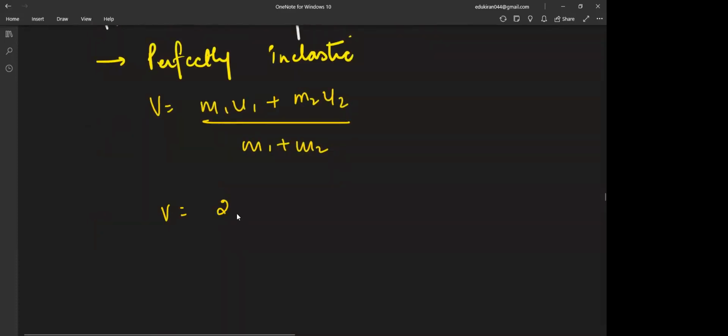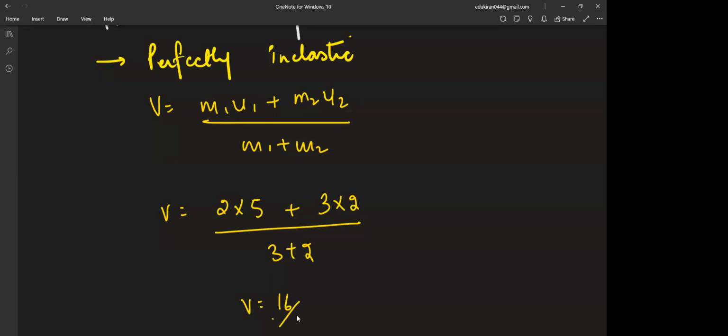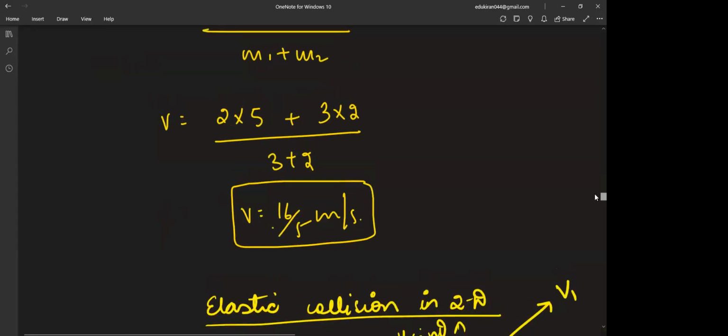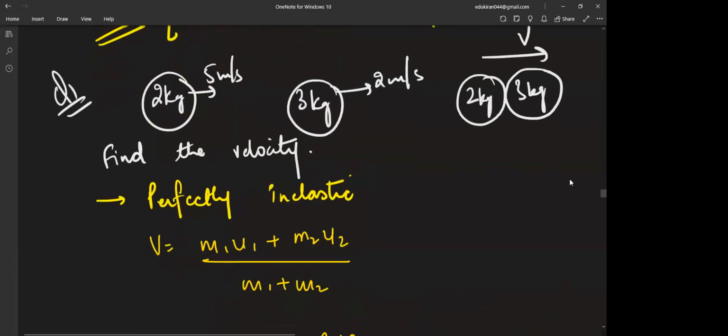So v is equal to (2 into 5 plus 3 into 2) divided by (3 plus 2). This becomes 16 by 5 meter per second. All right, note this as well.